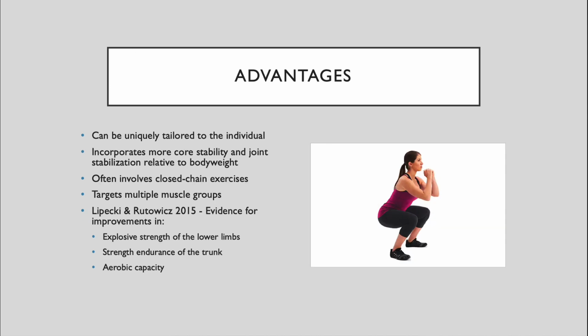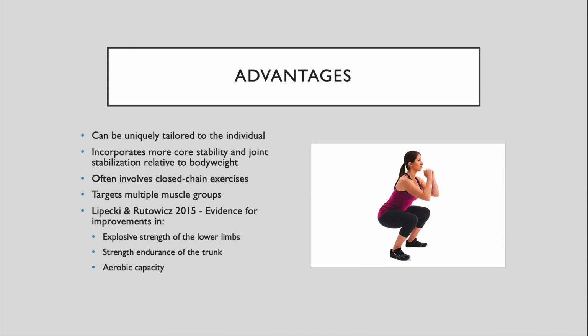Some advantages of body weight training include that these exercises can be uniquely tailored to the individual. So a training program could include exercises that more specifically account for an individual's movement capabilities relating to physical characteristics, such as limb length or body weight.